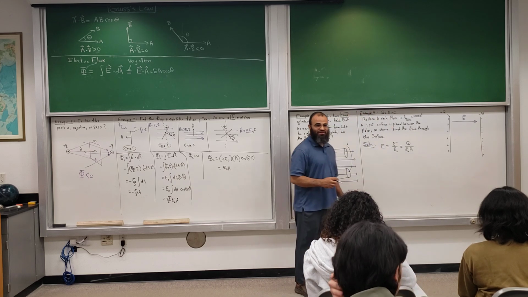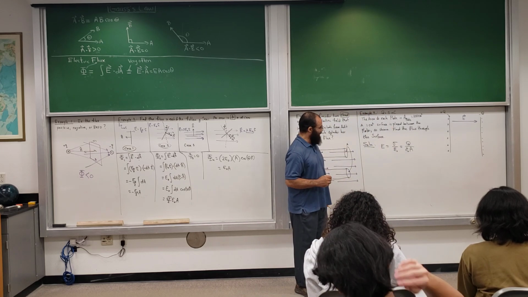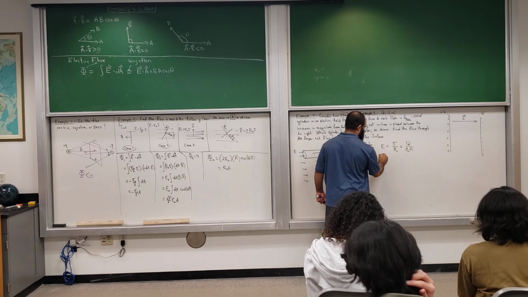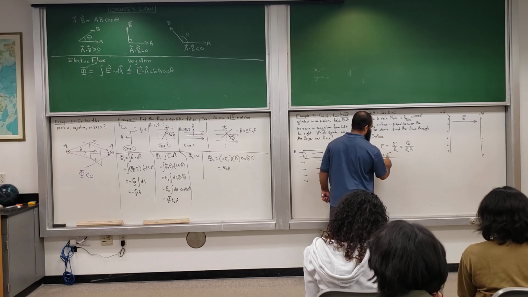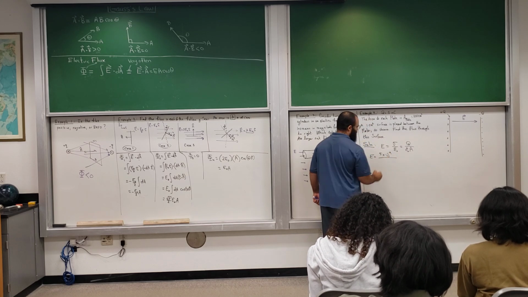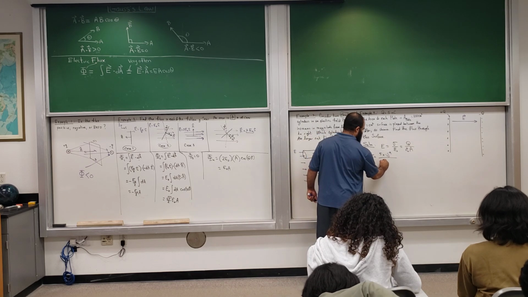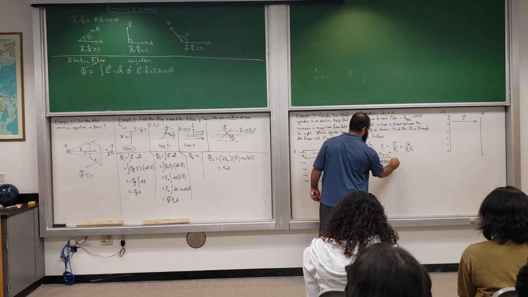So now you will substitute your numbers. So you have E. The charge is 5 nanocoulombs, so 5 times 10 to the minus 9. Epsilon naught, you should remember this value by now, right? 8.85 times 10 to the minus 12.